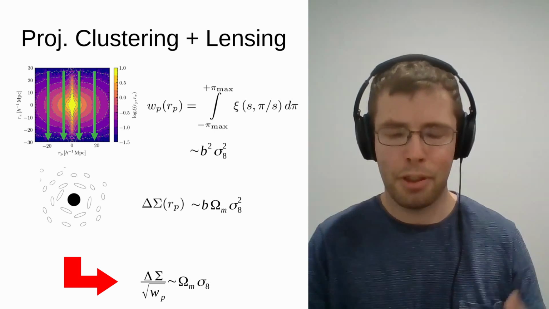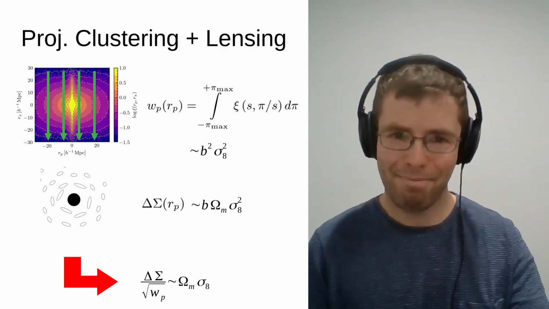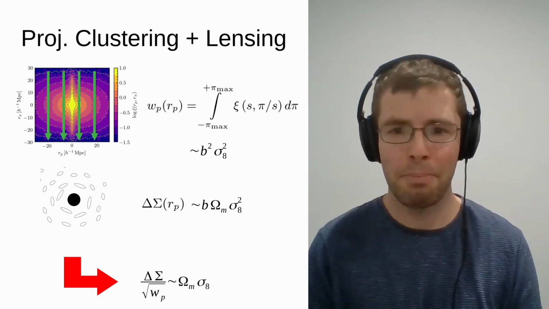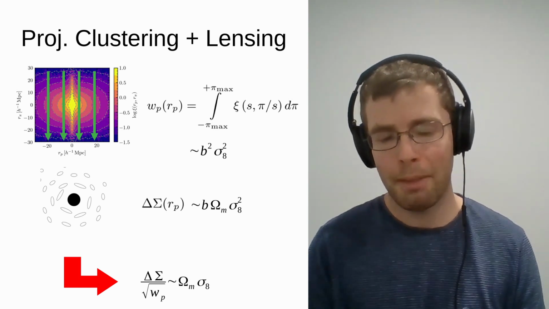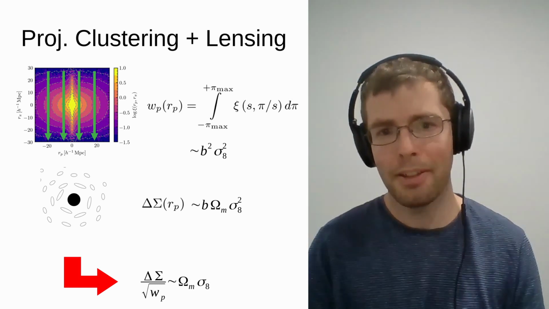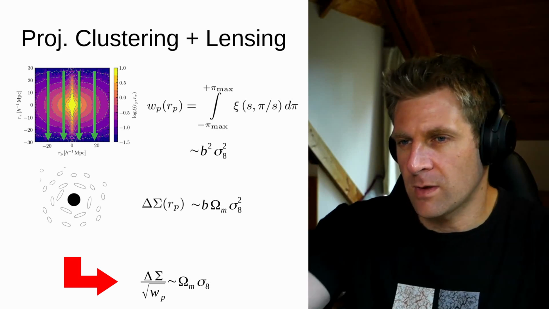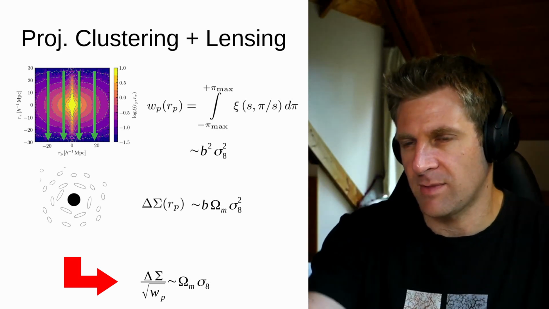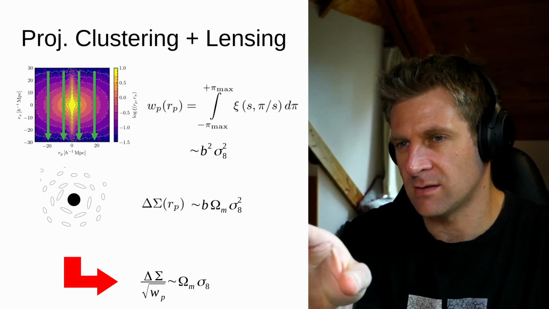So this shows you that you can get a constraint on S8. Of course, it's only a simplistic picture that works on large scales, but I hope you get the idea that the combination of these two measurements can be used to constrain S8 in a way that is insensitive to redshift-space distortions.